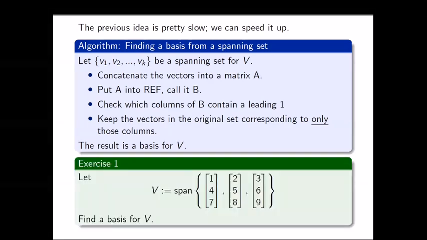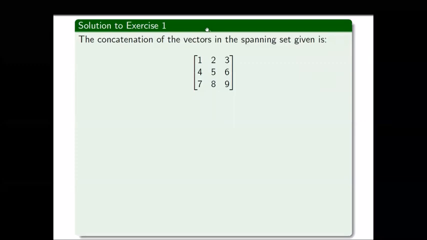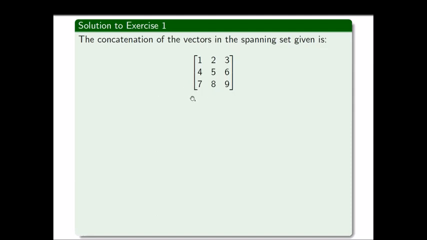Let's demonstrate that using an exercise. So we are given that our subspace V is a span of these three vectors. We have to find a basis for V. So we can take the spanning set that we have and concatenate all the vectors to form this concatenation matrix. Then we can put it into REF and we get this matrix with columns 1, 0, 0, 2, 1, 0, and 3, 2, 0.